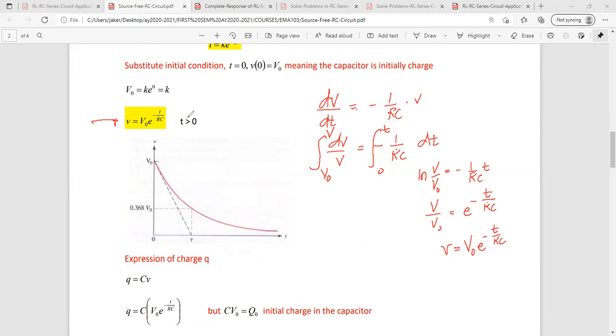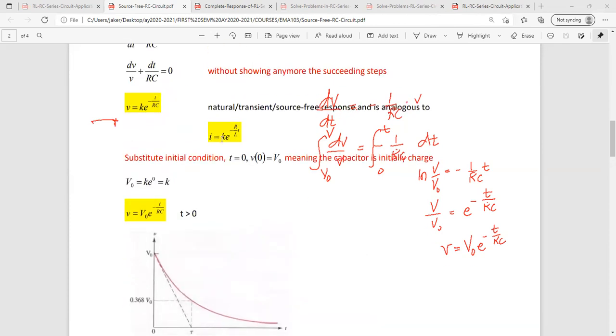Now, this formula for the voltage across your capacitor given the time is comparable in form to what? The current in the RL circuit, the source-free RL circuit. If you look very closely, they are very similar in form. Only that on the left side, you have current; here, you have voltage.